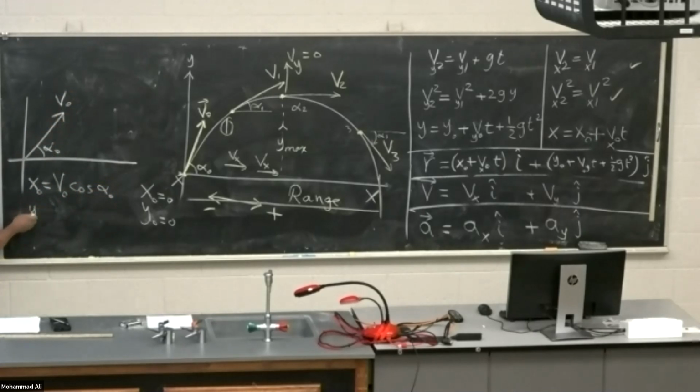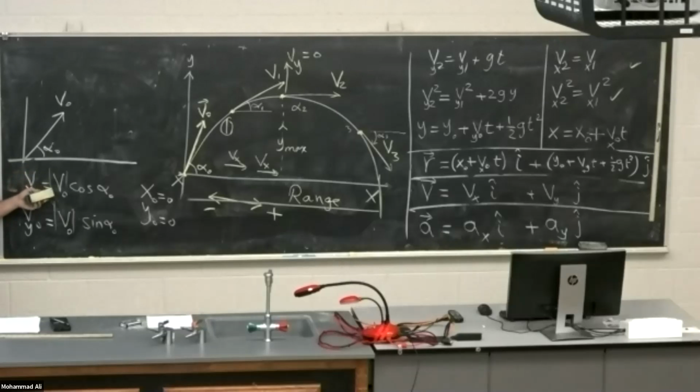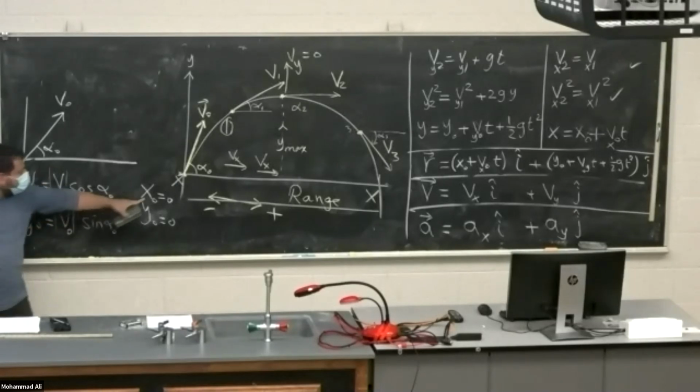What is Y naught? Sorry, this is V X naught. This is V Y naught. It is V naught as a magnitude, sine alpha naught. I need just to use sine and cosine. This is V naught at this point.